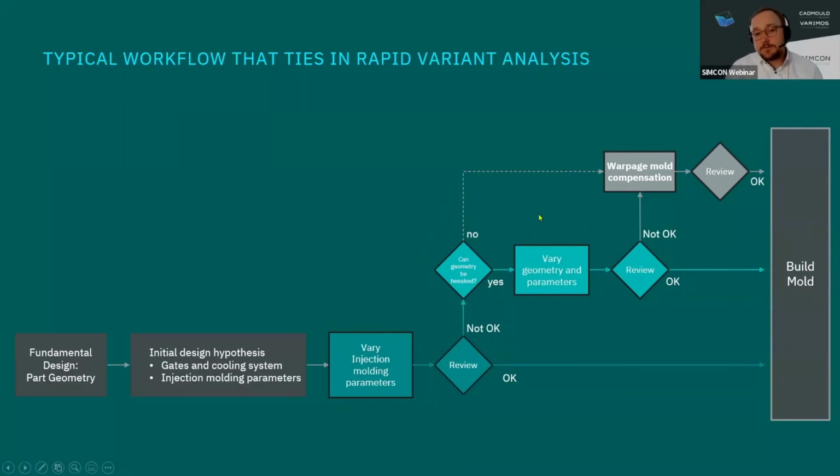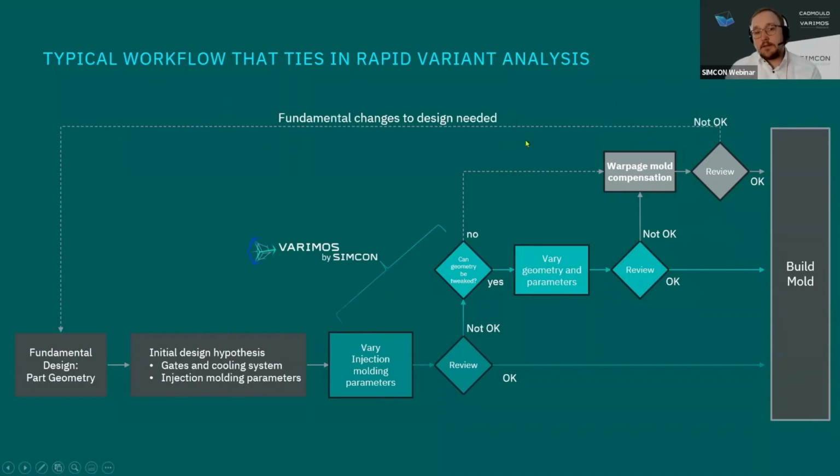Then you can think of changing the geometry, the wall thicknesses, maybe also gating diameters or gating positions. I did not show this in here, but this is also possible, and review this again. And if that's still not okay, you can think of mold compensations. And if nothing is working, you then need some kind of fundamental change.